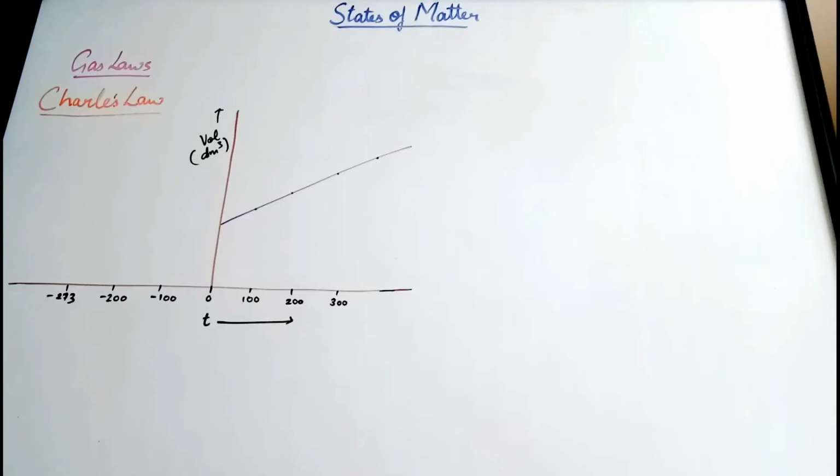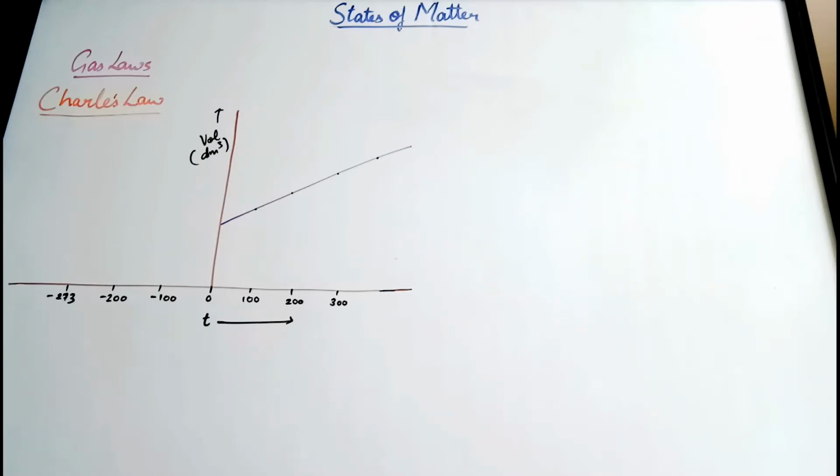In the previous video, we had introduced the concept of Charles' law. So just to get one of the equations out, Charles' law is basically the relation between volume and temperature at a constant pressure and a constant amount of gas.